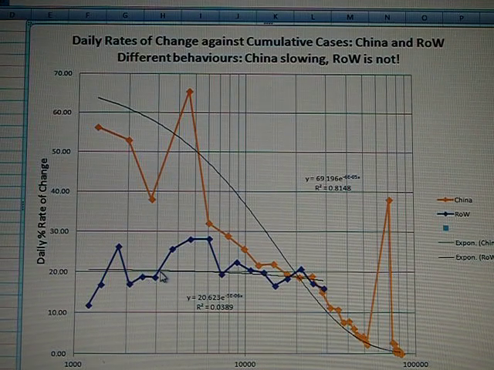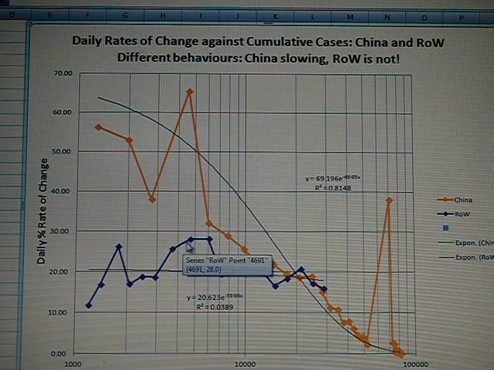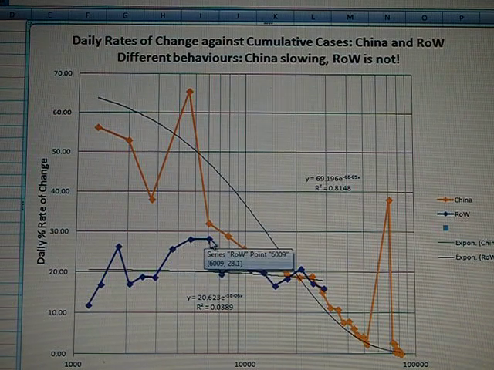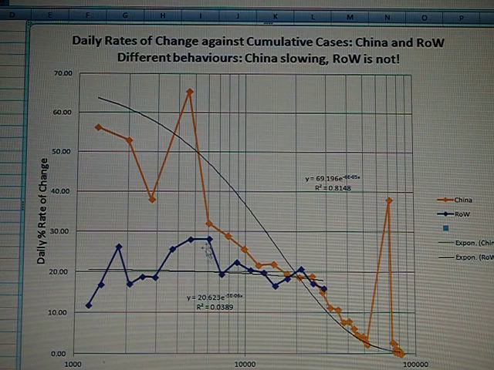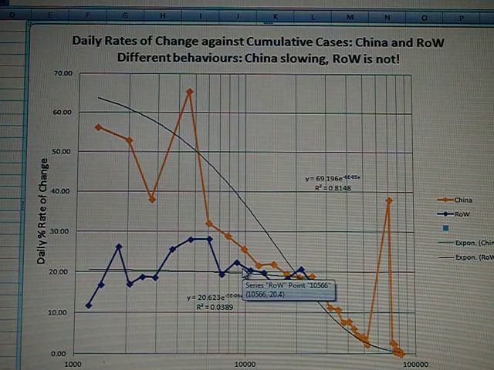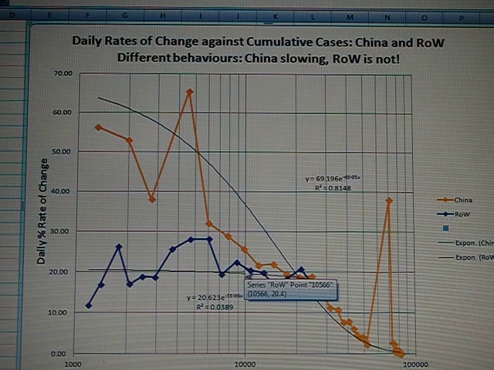But then you started to have South Korea come in, and Iran come in, and Italy come in. And your rate was going up to 30% a day almost. And it fell a bit to 20. And you got to 10,000 cases. At 10,000 cases, the rate was just over 20% a day.